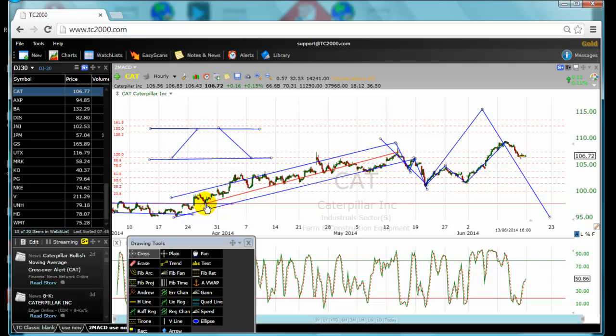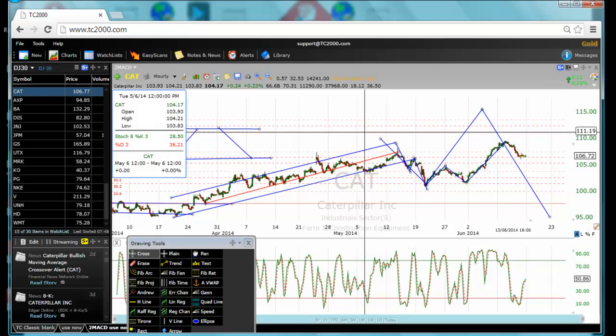If I draw it from here, where my cursor is, all the way up here, because there was a horizontal channel, and from here, all the way here, this is the 138% Fibonacci extension level. Can you see it? 138. If you want to know more about Fibonacci extension, go to www.dayprotraders.com or go to our YouTube channel, Day Pro Traders channel on YouTube, to watch videos about Fibonacci tradings.